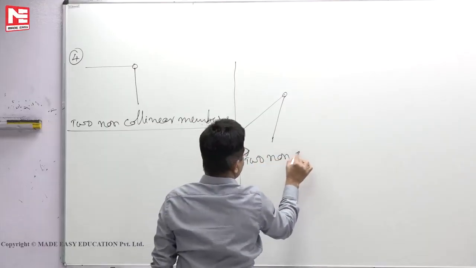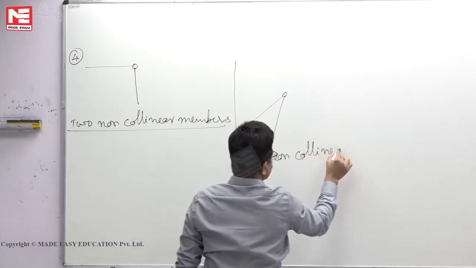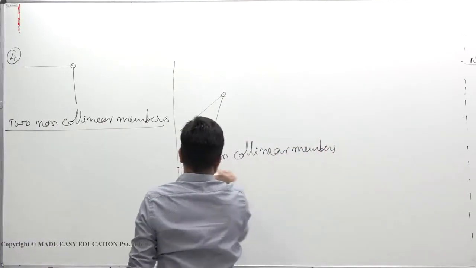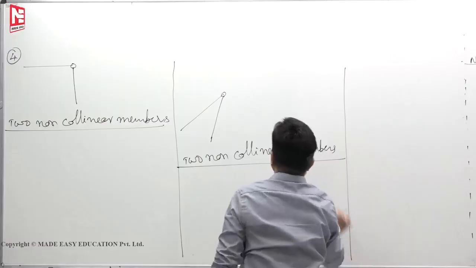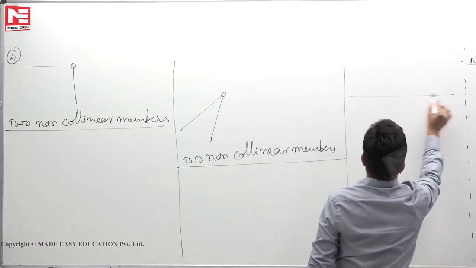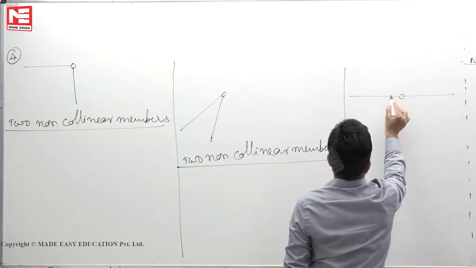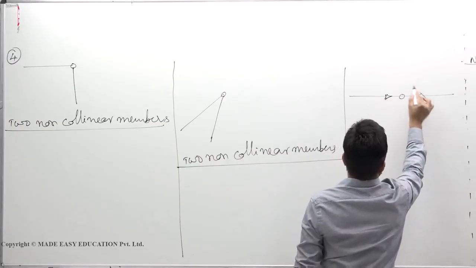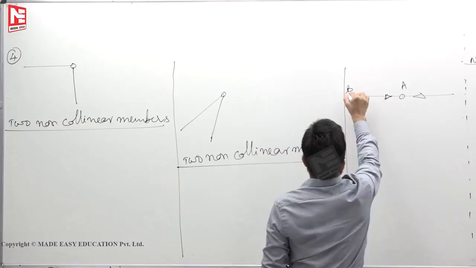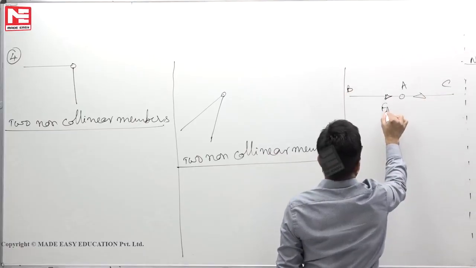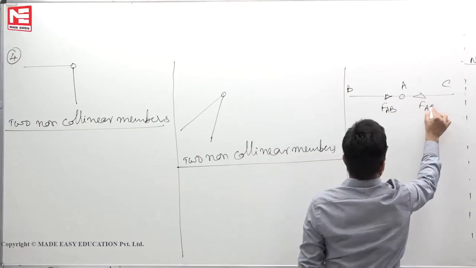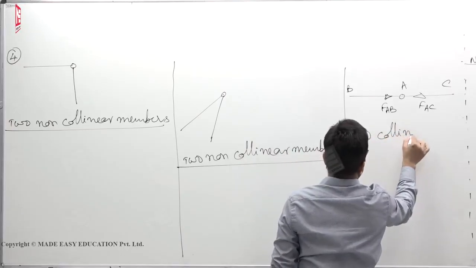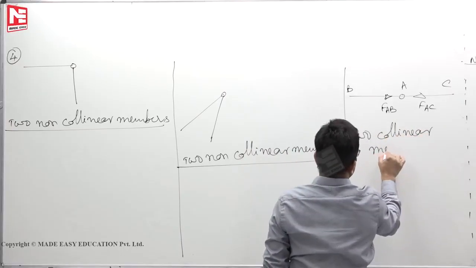This is also 2 non-collinear members. As a last case, we will take 2 collinear members. At this point, let us say A, B, C, FAB, FAC. These are 2 collinear members.